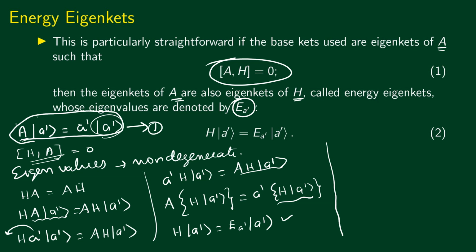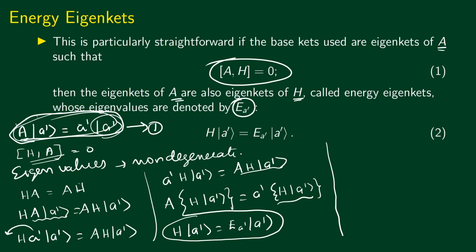Since H acting on ket A prime satisfies exactly the same eigenvalue equation as equation 1, H multiplied by ket A prime has to be the same as ket A prime, or it could be a multiple of ket A prime. So in general, H acting on ket A prime has to be a multiple of ket A prime. In other words, ket A prime is also an eigenket of the Hamiltonian if A commutes with H.